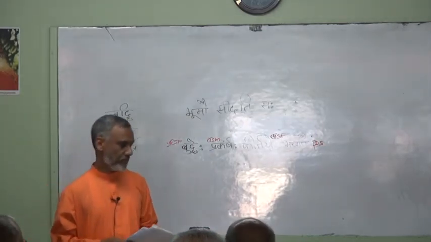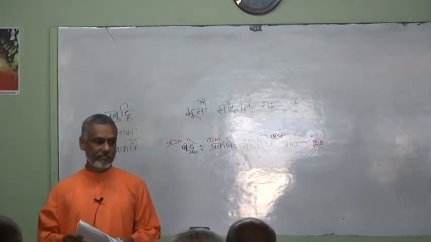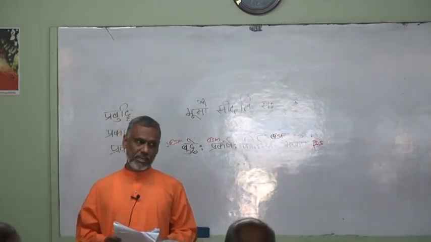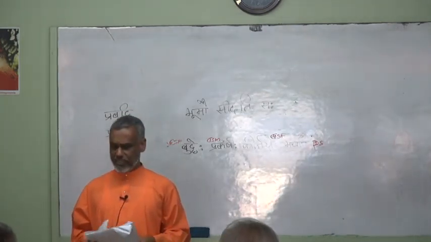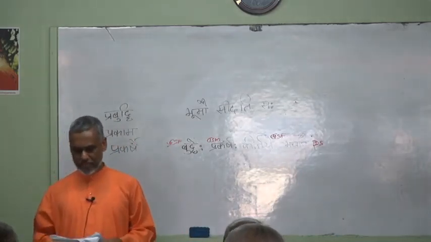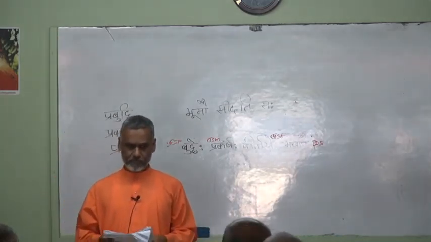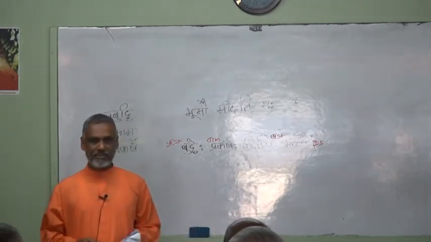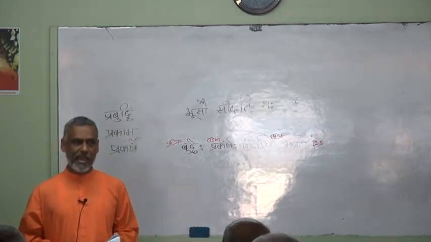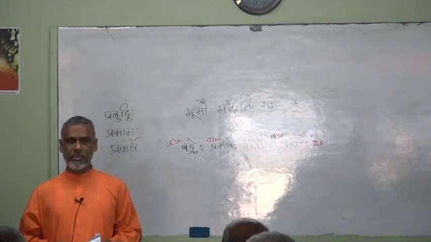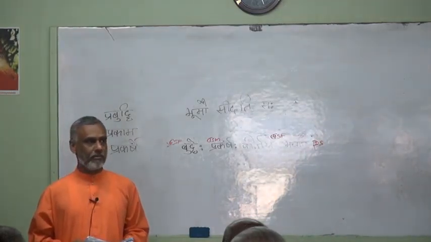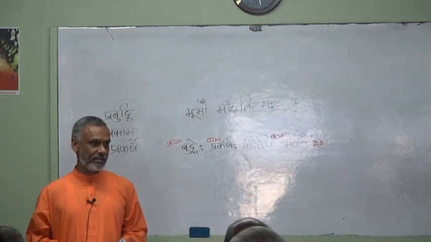Look at it and let us say it, repeat it after me. Look at your book. Mati. Matihi. Mati. Matayaha. Matim. Mati. Matihi. Matya. Matibhyam. Matibhihi. Mataye. There's an alternative for that.